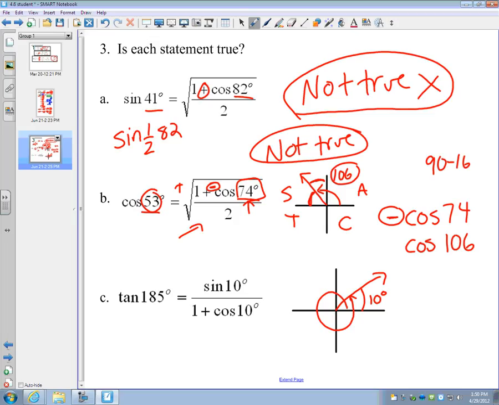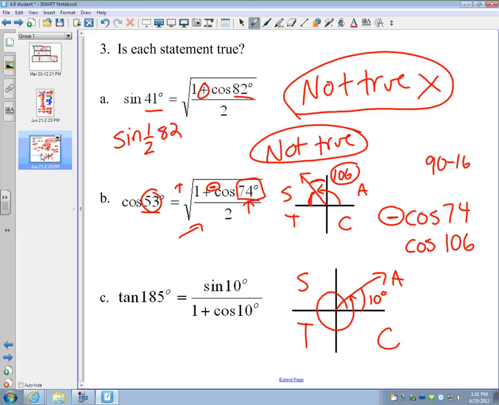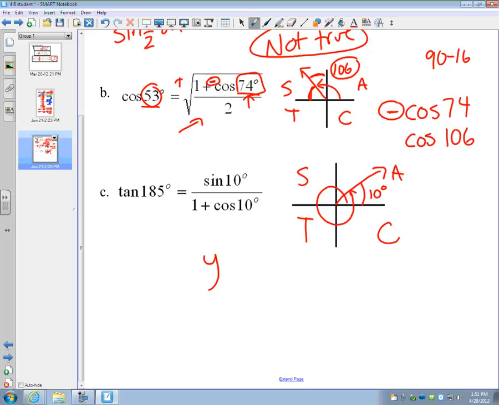They would all be positive, the same sign, because 10 is positive in this quadrant, and so is 370. So that's looking okay. Let's double check they actually copied the identity right: sine 10 over 1 plus cos 10. So tangent is sine over 1 plus cos. Yep, they copied the expression correctly. So yes, this is true.